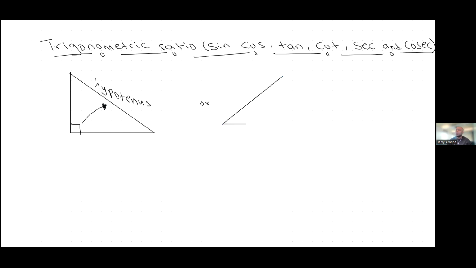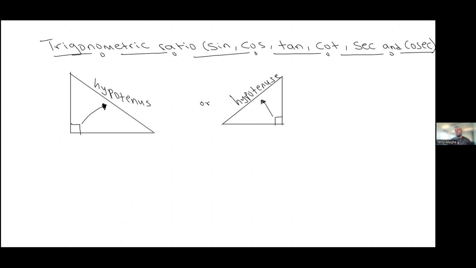Because this is the right angle, the side which is the longest side is what? The hypotenuse, right?